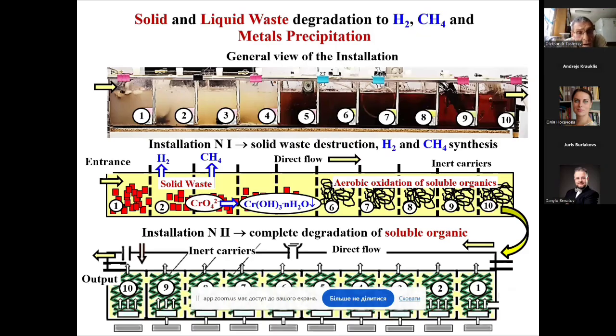First of all, hydrolysis and hydrogen fermentation of solid waste potato, and simultaneously irreversible reduction of chromate to chromium 3 hydroxide. And in the next section, from the 5th to the 10th, we obtain the purification of wastewater from soluble organic compounds.